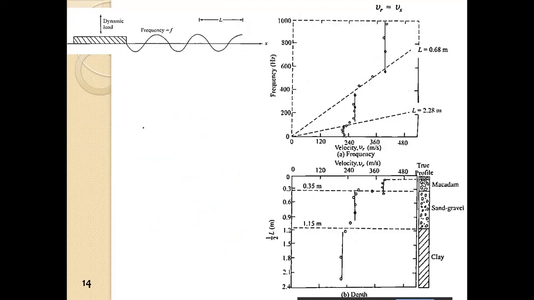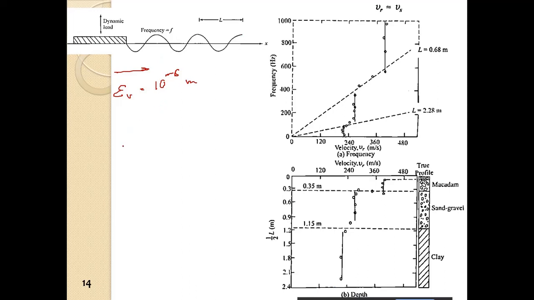Now to obtain Cu at very low strain, when there is wave propagation, the vertical strain is approximated to be in the range of 10 to the power minus 6. This is a standardized thumb rule for wave propagation tests.